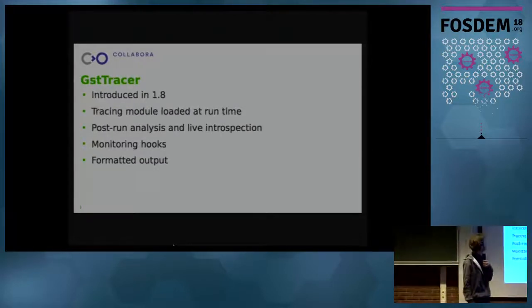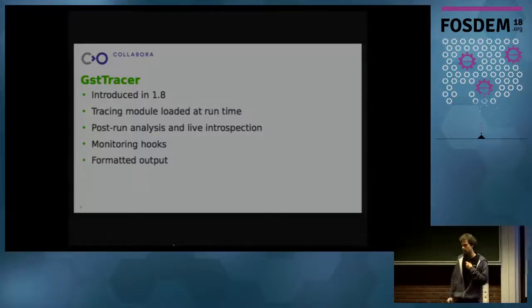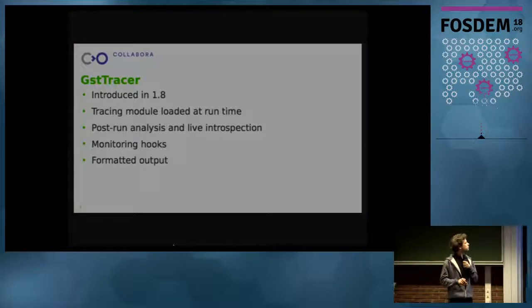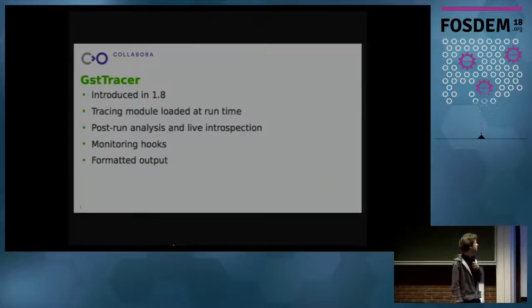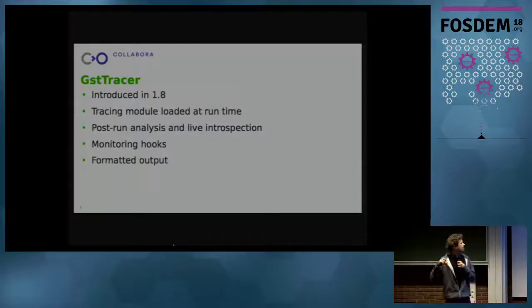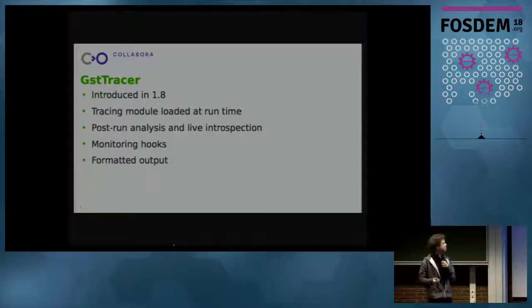So, GstTracer is a new mechanism which has been introduced in 1.8. It's meant to be used by debugging tools, so that's the only purpose of this new system. It allows tracers to hook inside the internals of GStreamer core. By doing that, plugins can gather a whole lot of information about what's going on in the pipeline, for example when a buffer is being pushed from one element to another.